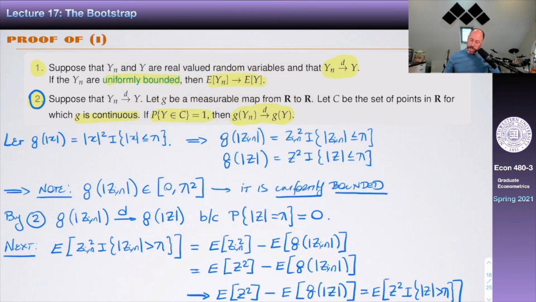I'm going to say this bar over here because the expected value of z_in squared is 1, which is also the expected value of c squared.